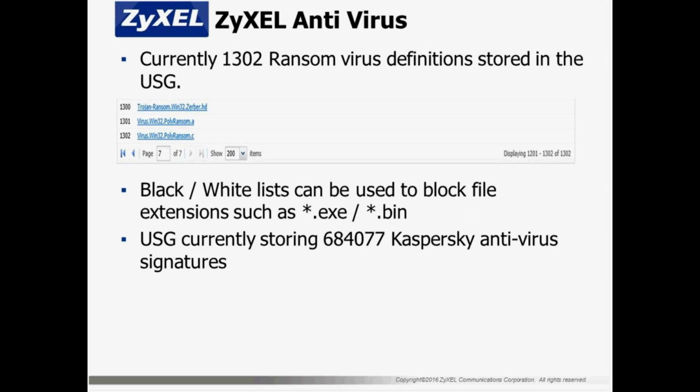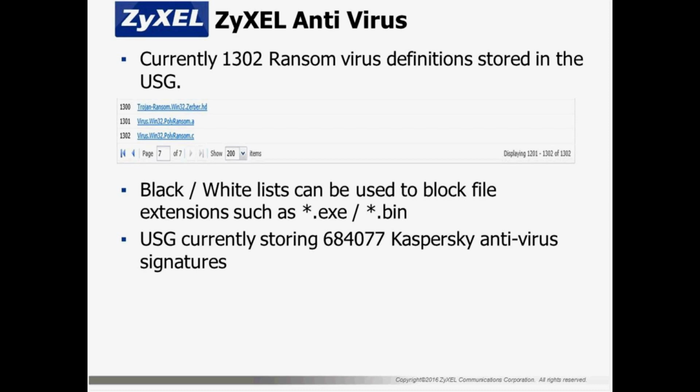Okay, and certainly with the latest generation of USGs, we're able to store a lot more signatures with the Kaspersky antivirus. So again, best practice says your endpoint security and your gateway security should really be different antivirus vendors, so therefore you get two different types.